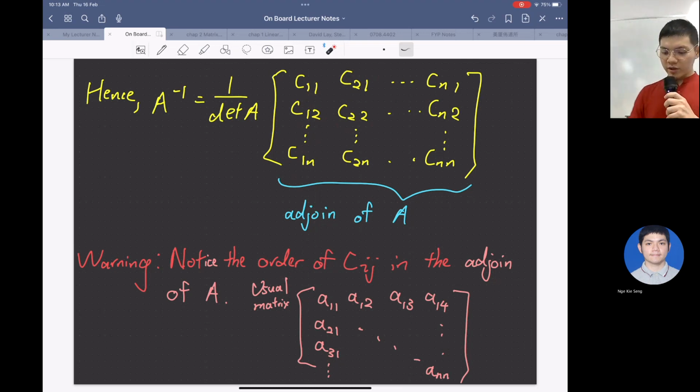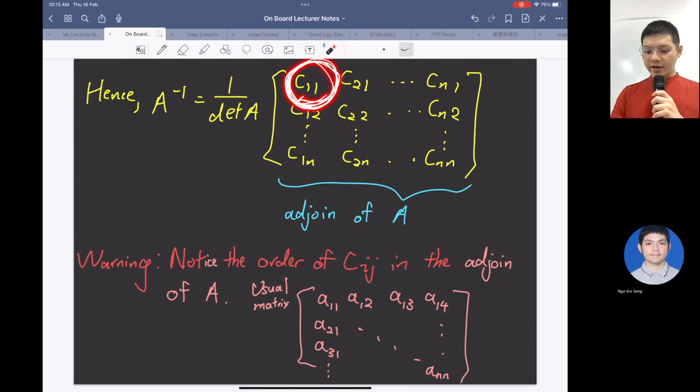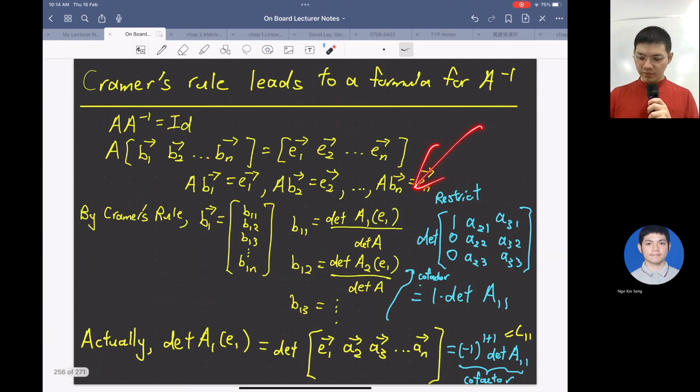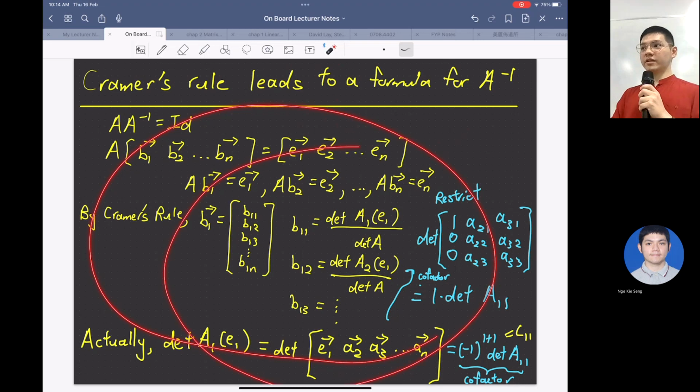So when you compute the cofactor, be careful how you place them. The reason why this is a transpose of the original matrix is due to the computation here.